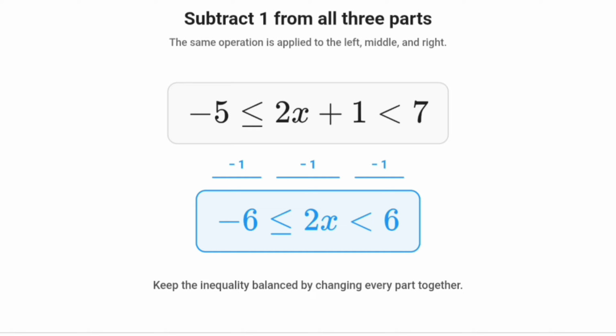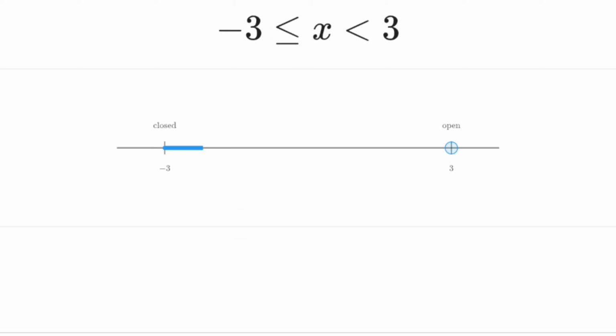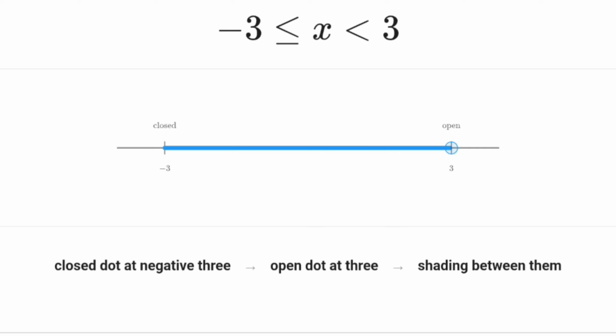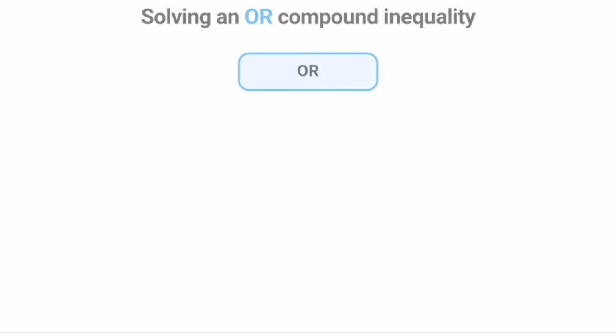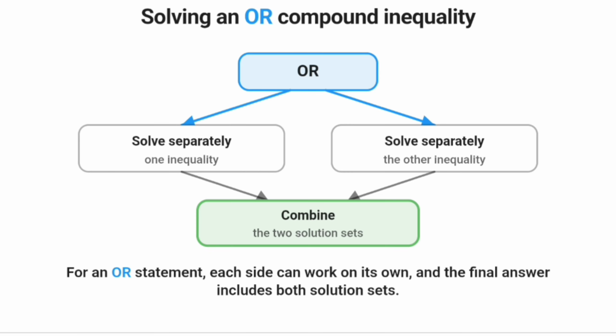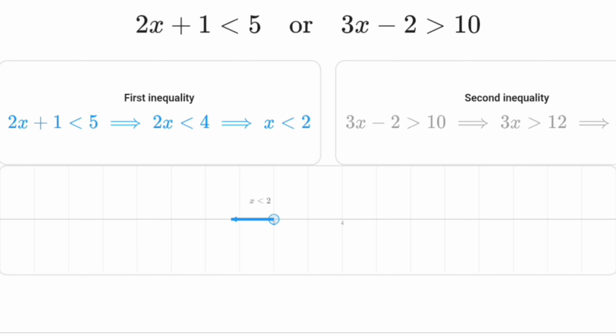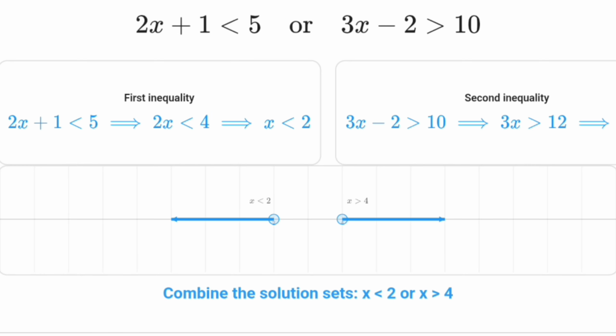Dividing all three parts by 2 gives -3 ≤ x and x < 3. So the graph has a closed dot at negative 3, an open dot at 3, and shading between them.